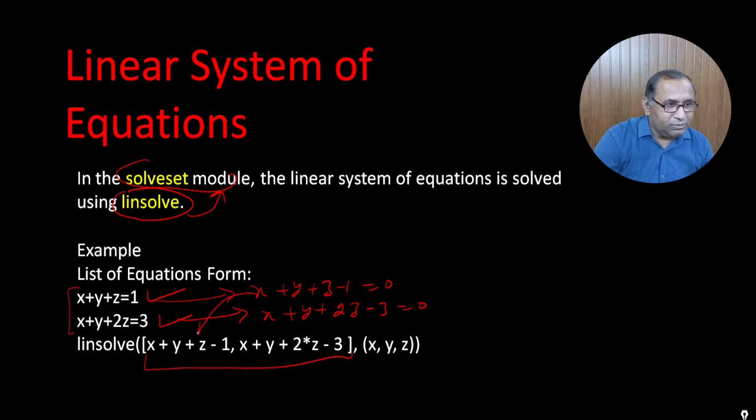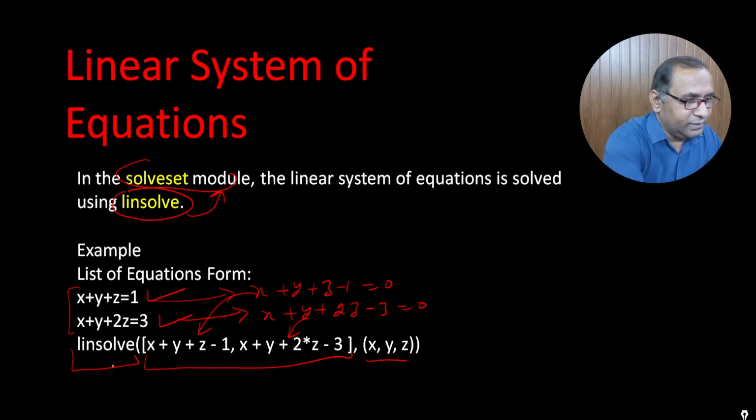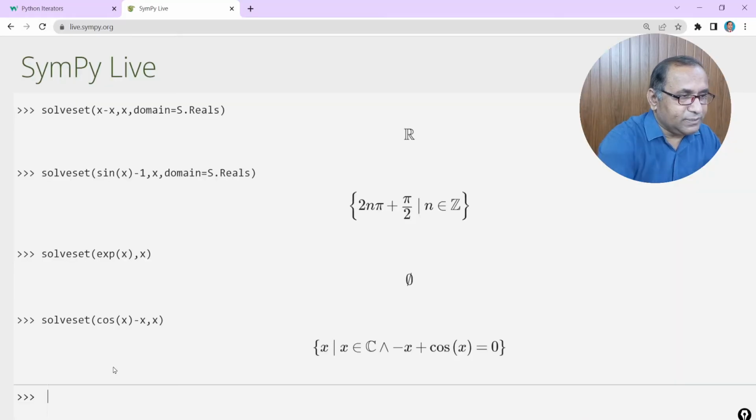This is the first equation and this is the second equation, and we want to solve this system of equations for x, y and z, and we are using the linsolve function here. See how we can employ this linsolve function to solve the equations. So here we have the linsolve function.